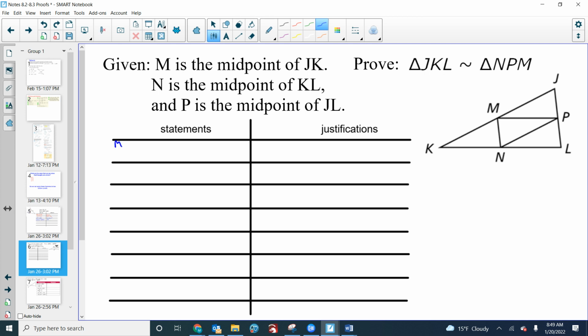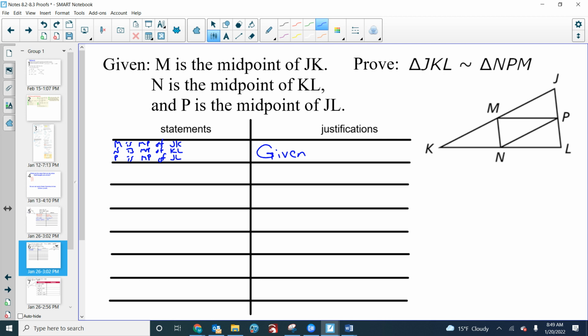All right, so M is the midpoint of JK, N is the midpoint of KL, and P is the midpoint of JL. Those are all given.